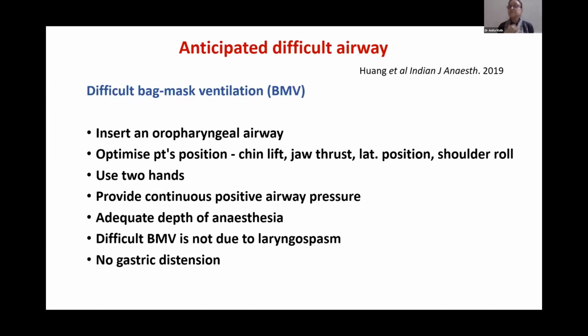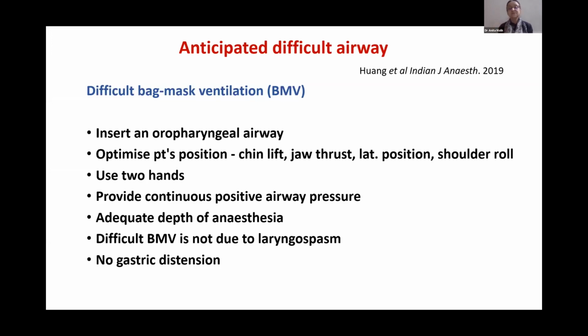I'll talk about anticipated difficult airway before, because this is our scenario. So we may have a problem with difficulty in bag mask ventilation. Then what one has to do: insert an oropharyngeal airway or optimize the patient's position, use two hands, provide CPAP, adequate depth of anesthesia, because otherwise laryngospasm may get precipitated, and we want to avoid that.